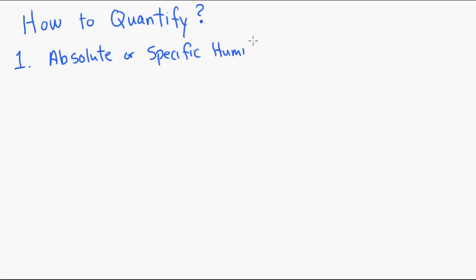So how do we quantify how much humidity is in the air? How much humidity is in the atmosphere? The first method is using absolute humidity, also called specific humidity, or the humidity ratio. Many names for the same thing.